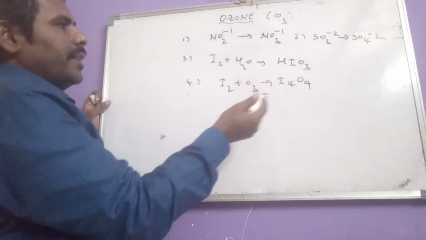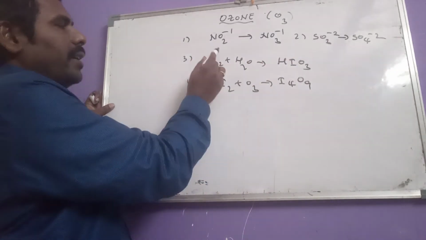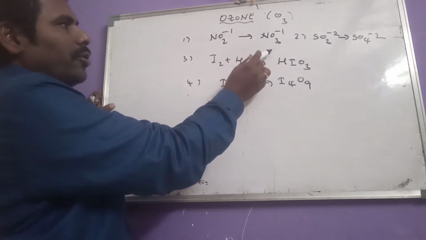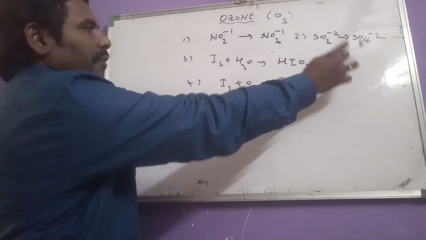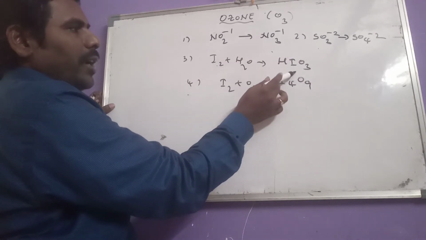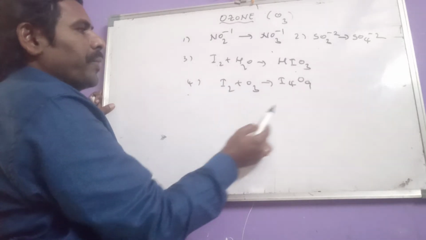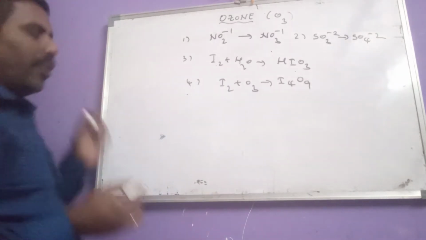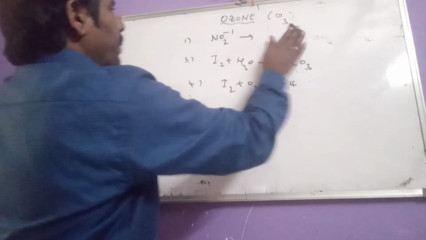So to summarize: nitrites are oxidized to nitrates, sulfites to sulfates, moist iodine to iodic acid, and dry iodine to I4O9. These are some oxidizing properties.